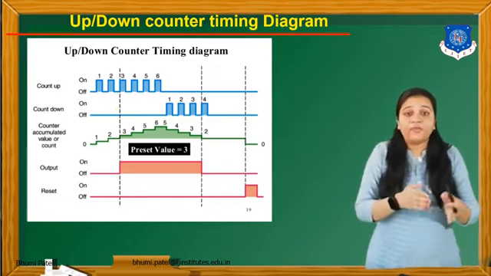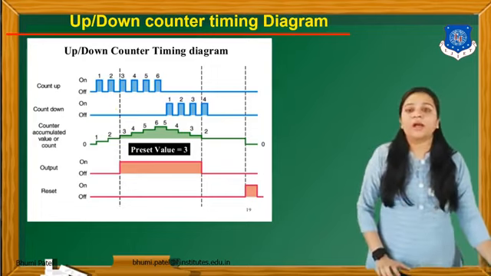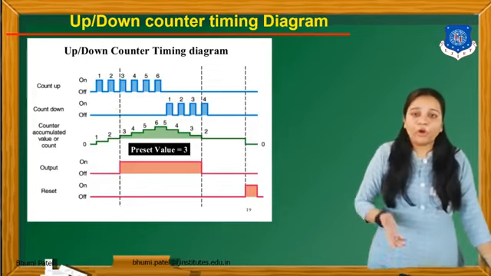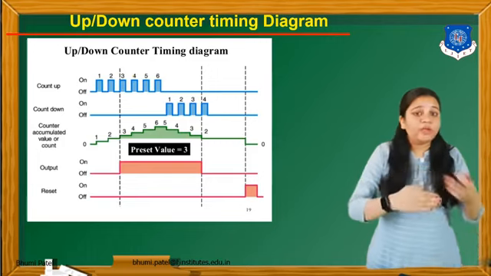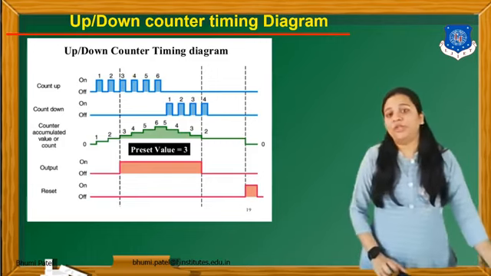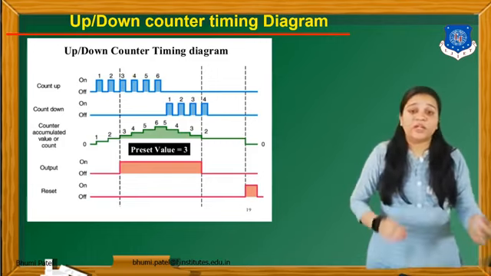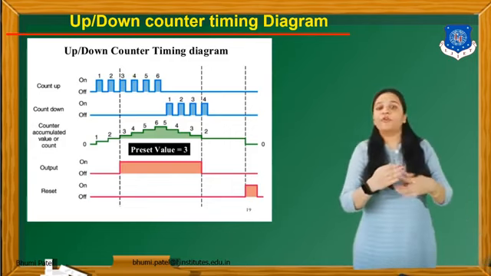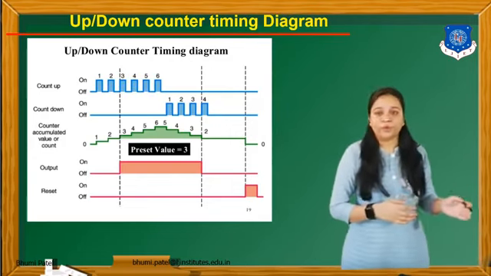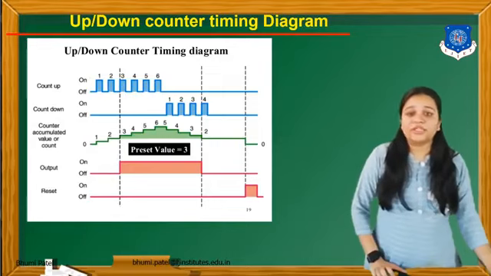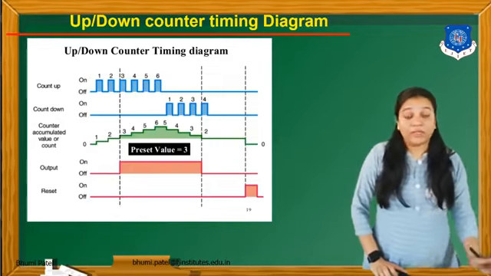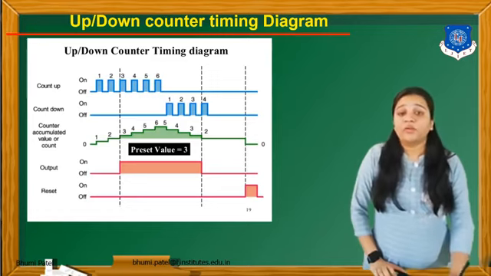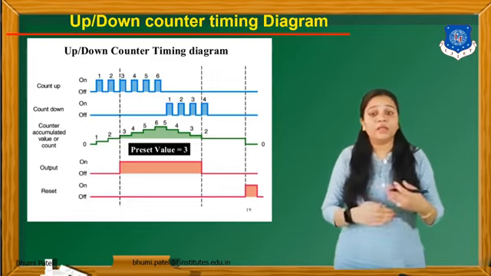After some time, my count down bit will be on, so my accumulator value will decrease from the maximum value. Here the maximum value is 6, so it decreases from 6, 5, 4, 3, 2, 1 up to 0. Okay, so this is my output, and here the preset value given is 3. That means my up counter will increase up to 3 and decrease from 3.